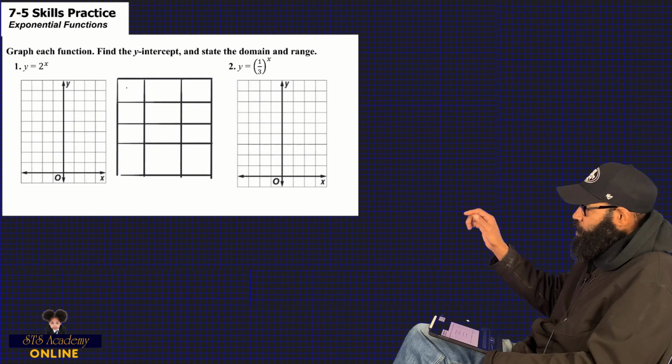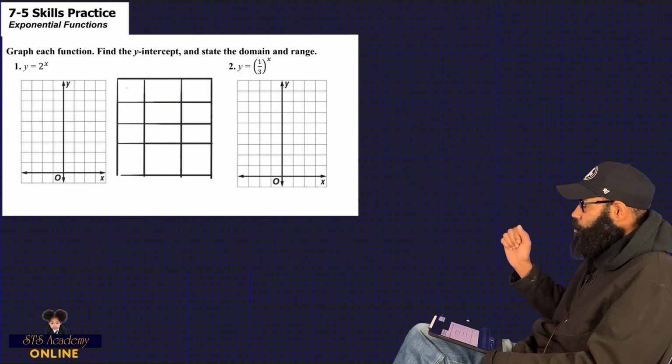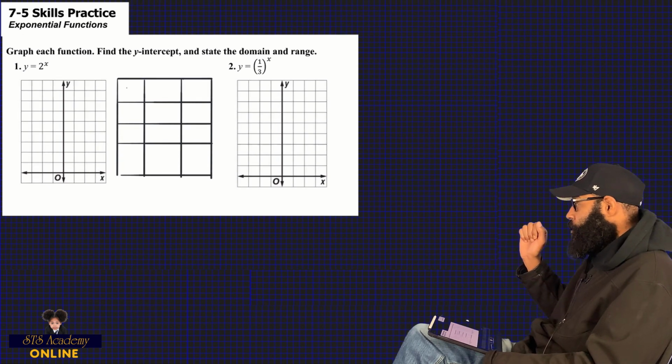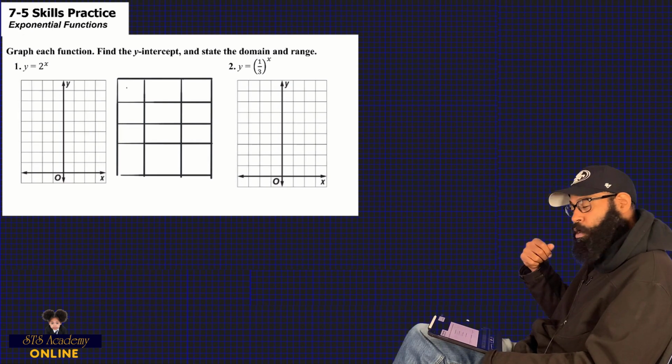Your graph doesn't allow you to do certain points. I know -2, because you want to use negatives, it's on the graph. So y is equal to 2 to the -2 power. Well, 2 to the negative power is 1 over 2 to the second, which will be 1 over 4, 1/4.